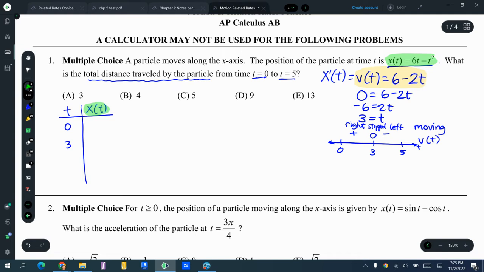So our position at time equals 0, if you plug in t as 0, it's just going to give you 0. If you plug in t equals 3, we can do some number crunching off to the side. x of 3 is going to equal 6 times 3 minus 3 squared, 18 minus 9, so that's 9.